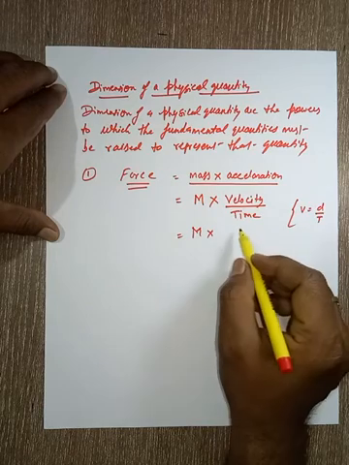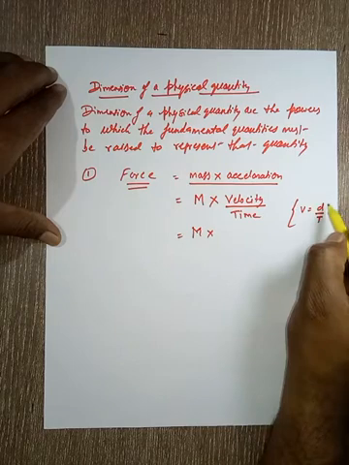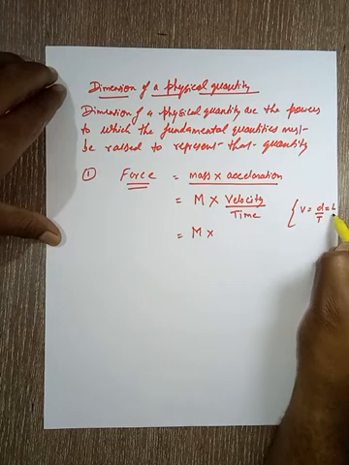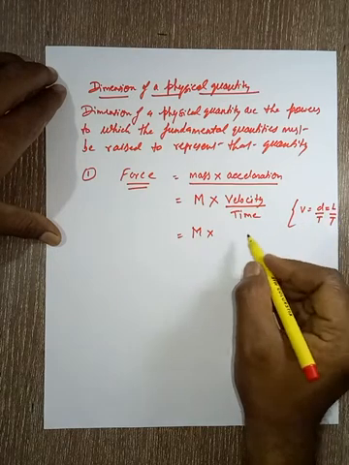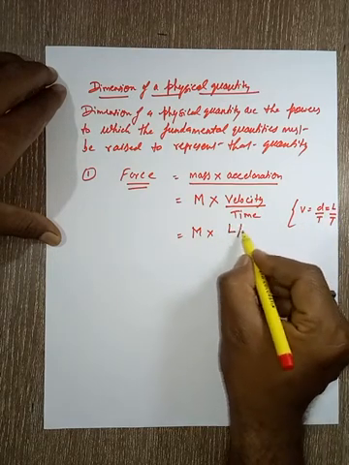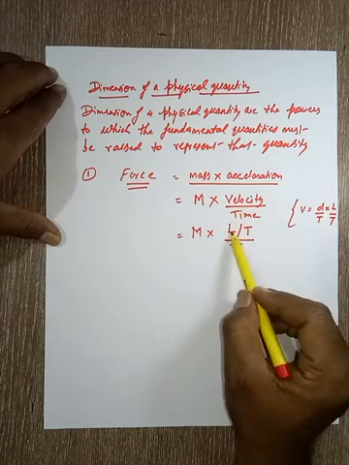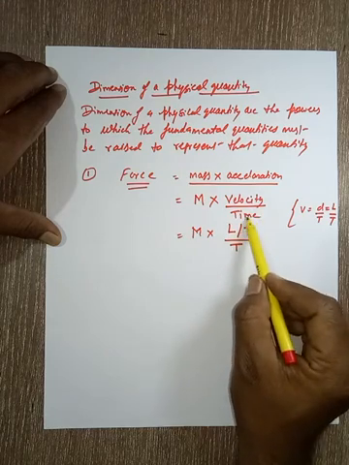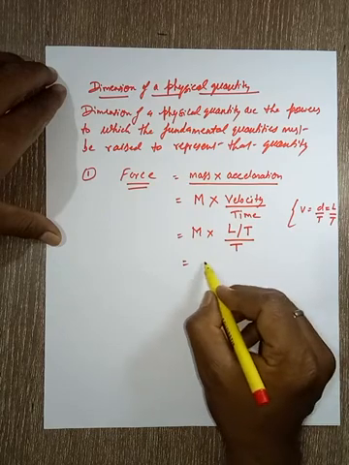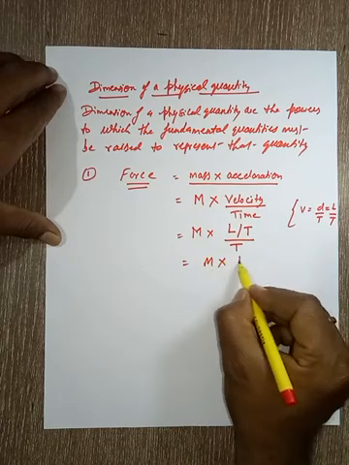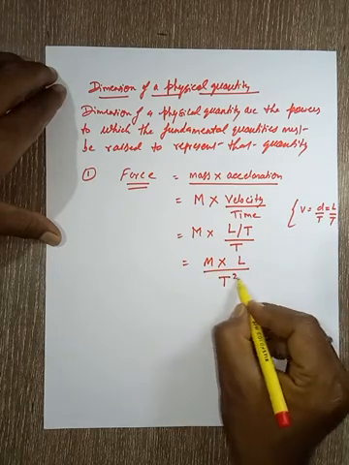But this displacement is nothing but length. So ultimately we are putting length by time upon time. Length by time for velocity, and time for the denominator we are putting t here. Now arrange this. It will become mass into length upon t square.